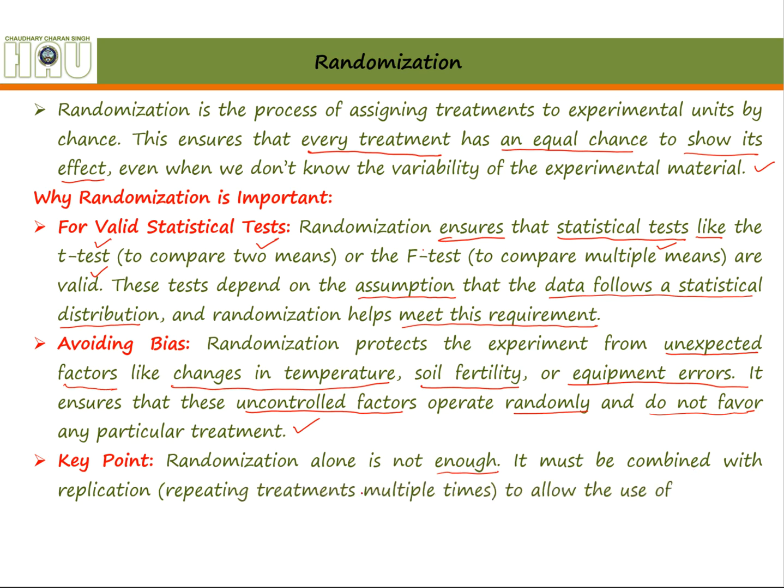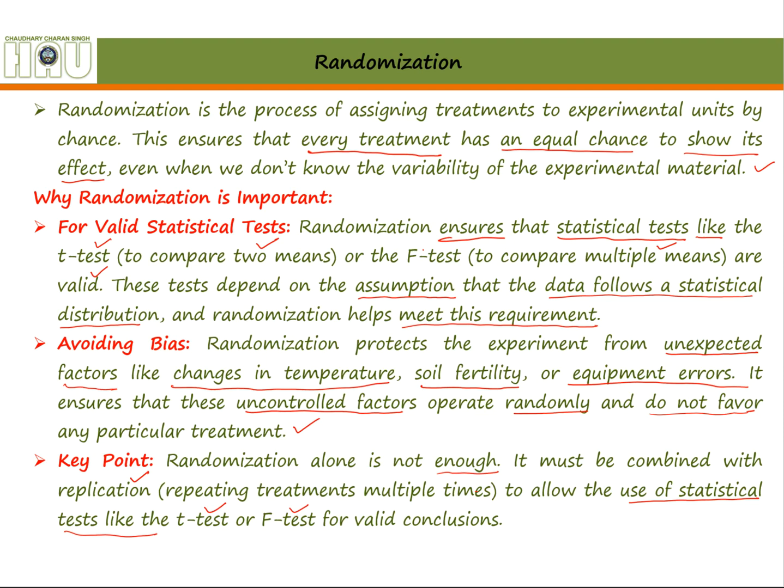It must be combined with replication, means repeating treatments multiple times, to allow the use of statistical tests like the t test and F test in order to get valid conclusions. So we have studied replication, means repeating the experiment in order to get valid results, or so that the precision of the result is increased, and randomization is a process by which you can reduce the bias.